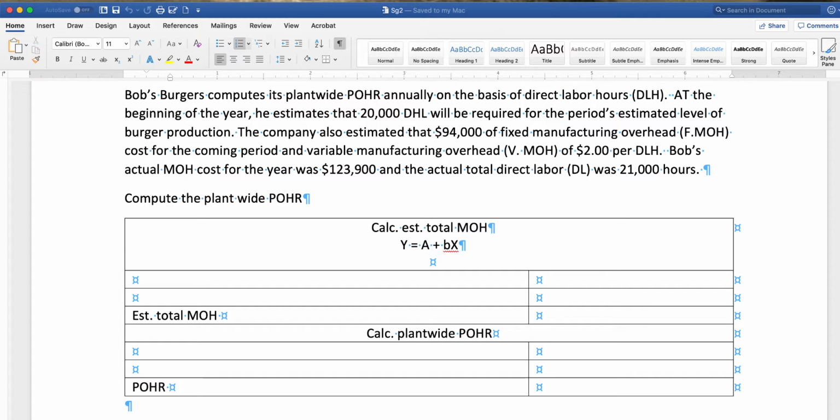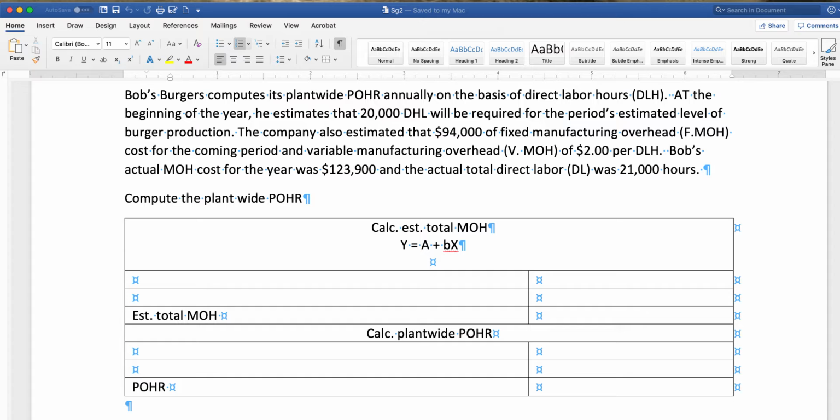So Bob estimates that he will need 20,000 direct labor hours to reach this level of burger production, and he also estimates 94,000 of fixed manufacturing overhead.